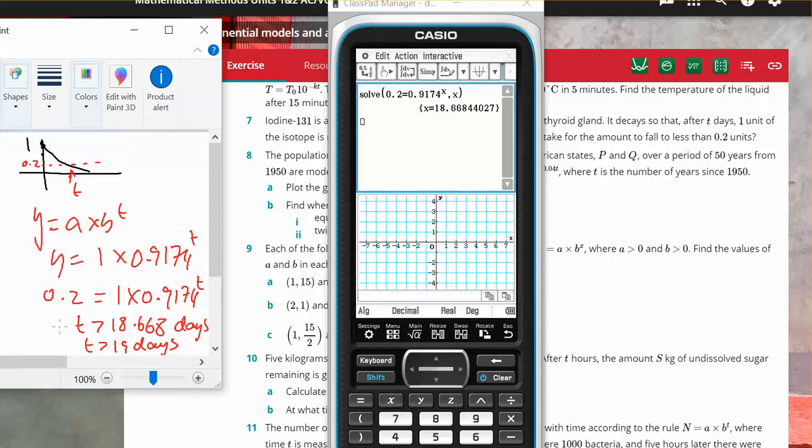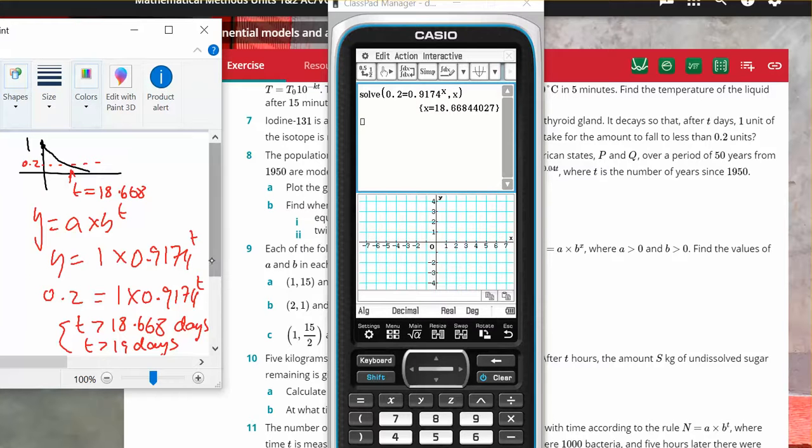I'm not sure what the book rounds it to, but we know that when t equals 18.668 days, any value above that, any days above that value, the iodine level would be below 0.2, which is what the question's asking.